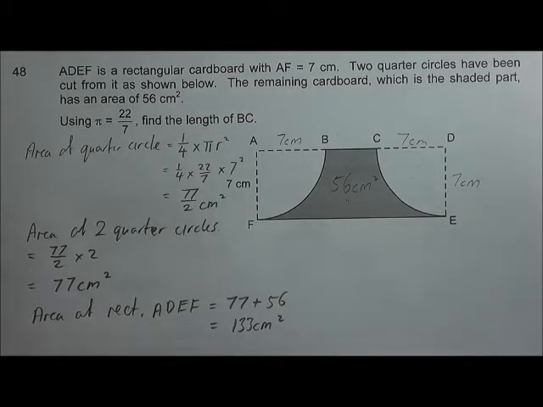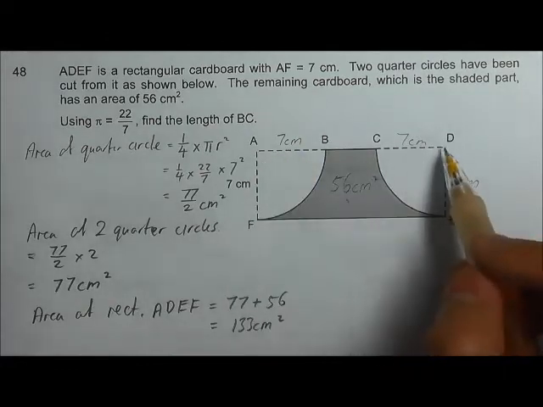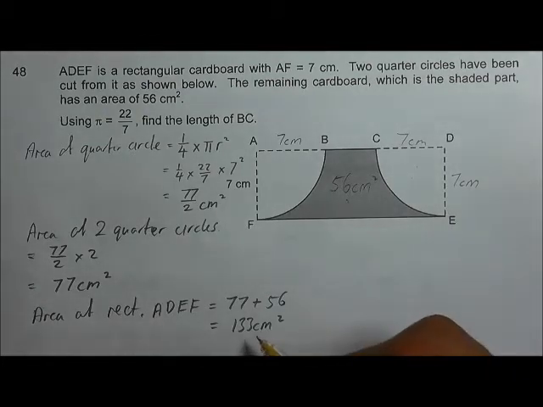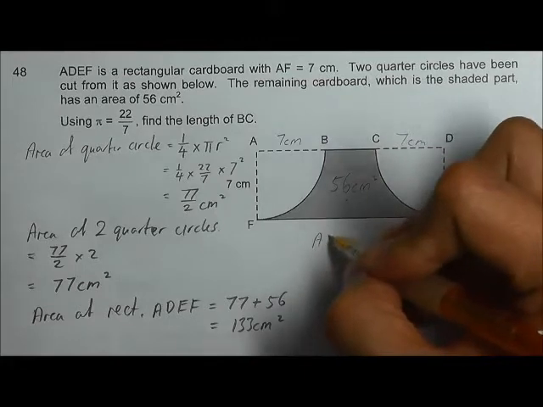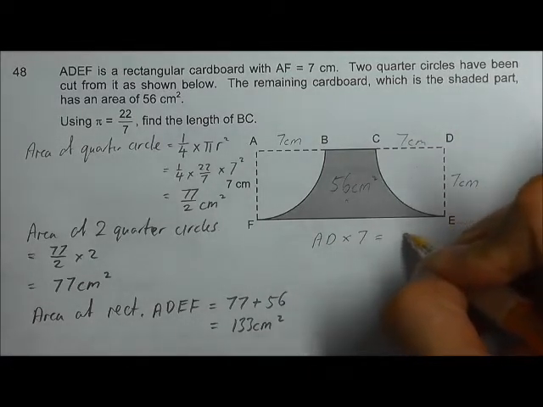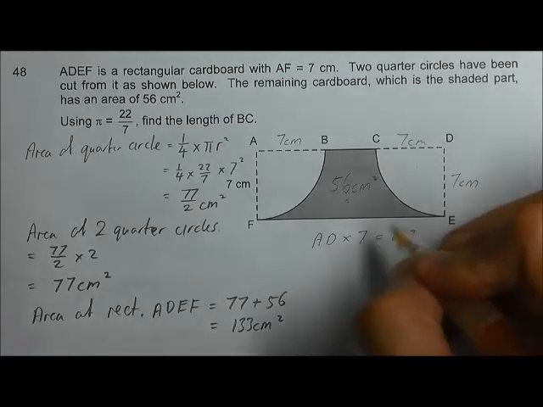With this, we know that AD times 7, which is the breadth, is equal to the area of the rectangle, which is 133.